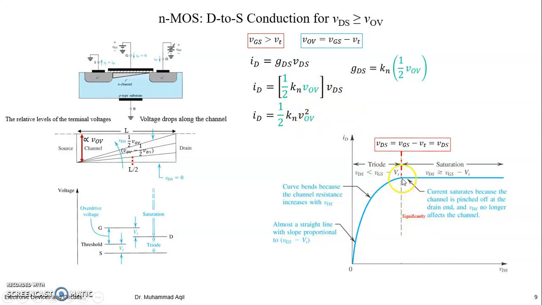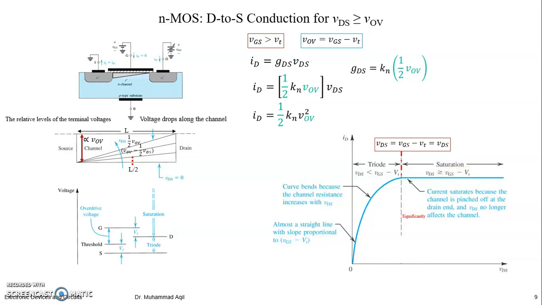This formula is valid only for this boundary value. If you increase your VDS, you cannot use this formula, you have to use the other one, because VOV and VDS are different. But when VDS equals VOV, you can use VOV square. This region is called the saturation region, where VDS is greater than or equal to VGS minus VT.